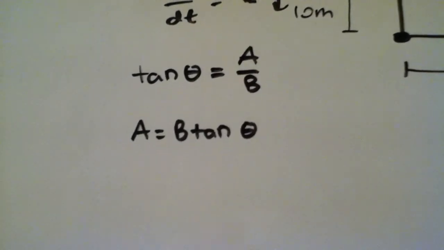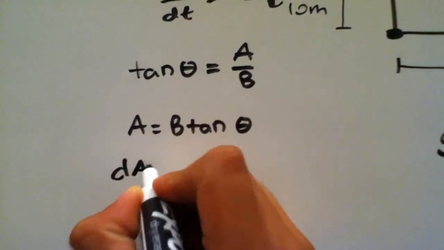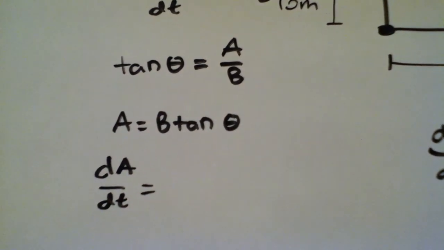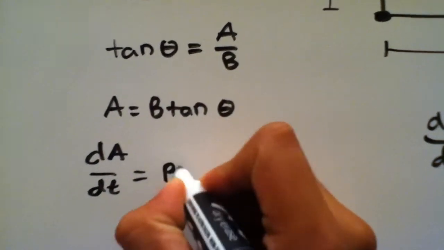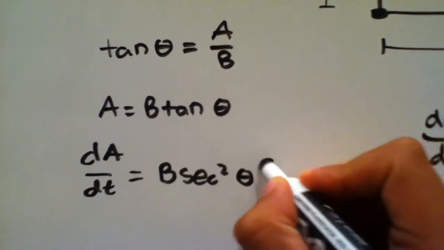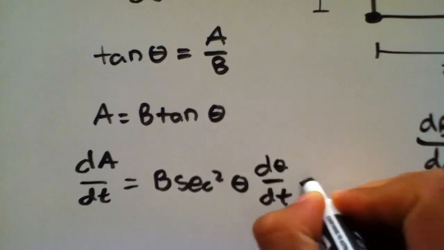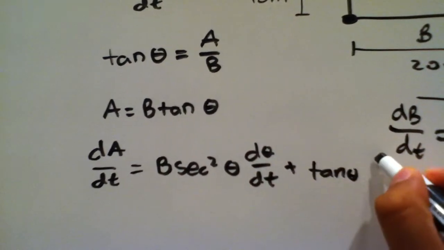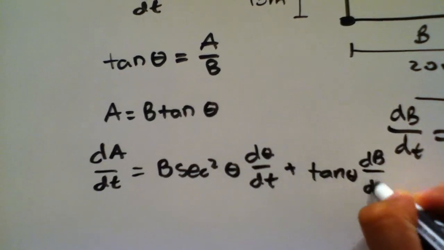So if we differentiate this, using your known rules for differentiation, you get dA over dt is equal to B secant squared theta d theta over dt plus tangent theta dB over dt.